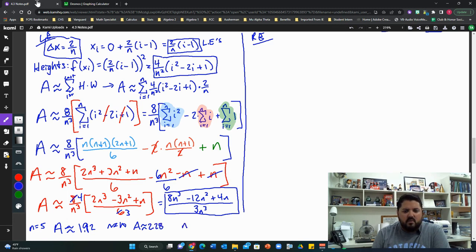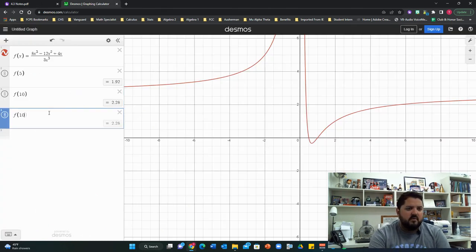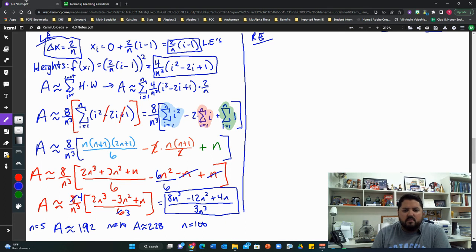And then let's do one more when n is 100. f of 100 gives me 2.6268. All right, so that's it. Some of you might be wondering, why do we need to do it for different values of n?